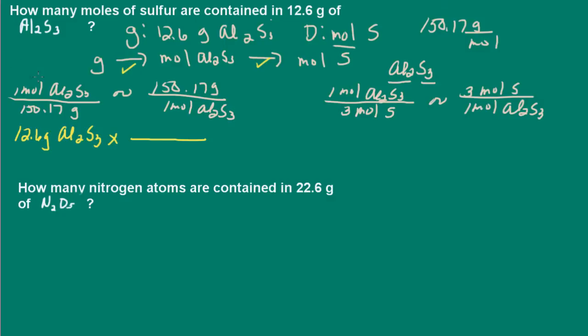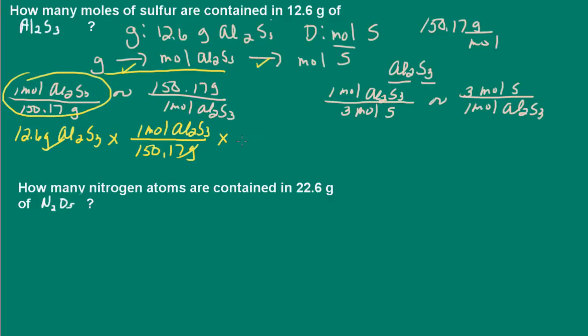So in order to do that, I need to use this conversion factor right here. So we have 1 mole of aluminum sulfide is 150.17 grams. So grams cancel. So now I'm in moles. So I've taken care of this part of the conversion.